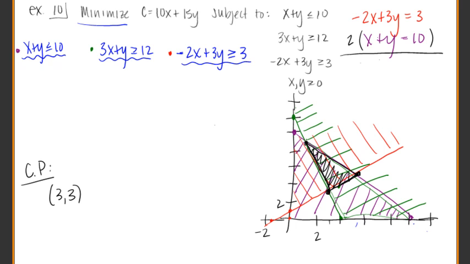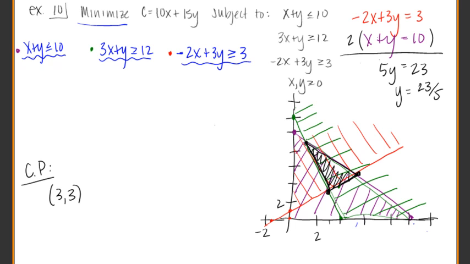So negative 2x plus 2x is 0. 3y plus 2y is 5y. And 3 plus 2 times 10 is 23. So it doesn't look like we're going to get a very pretty answer here, but 23/5, we can work with that.